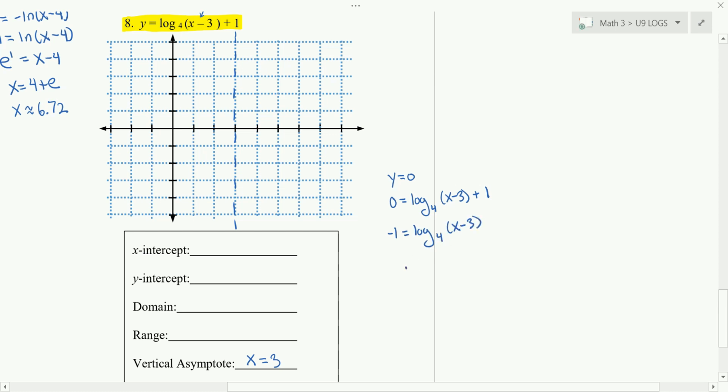Then change it to exponential form. So we get x is equal to 3 plus 4 to the negative 1/2, because I added 3 to both sides, and 4 to the negative 1/2 means 1/4. So 3 plus 1/4 as a decimal would be 3.25. And so our x-intercept is (3 1/4, 0).